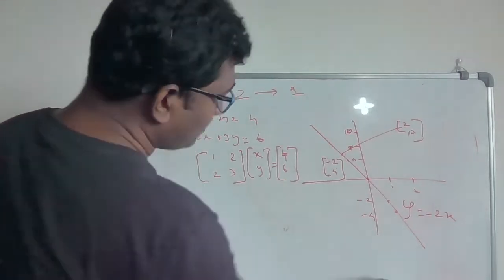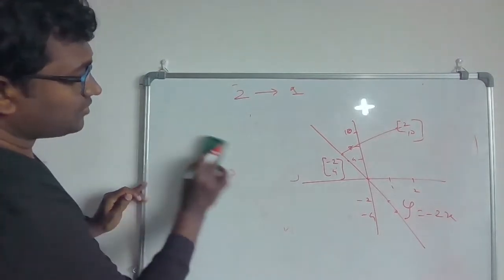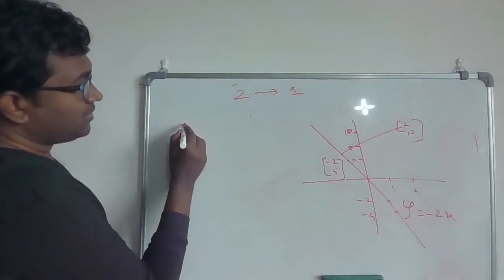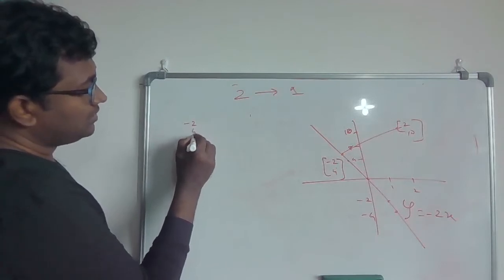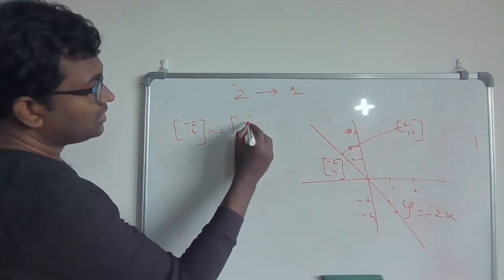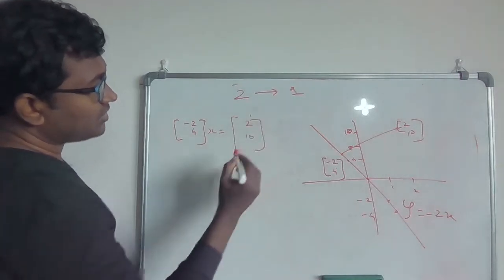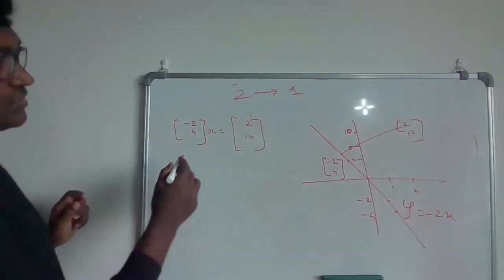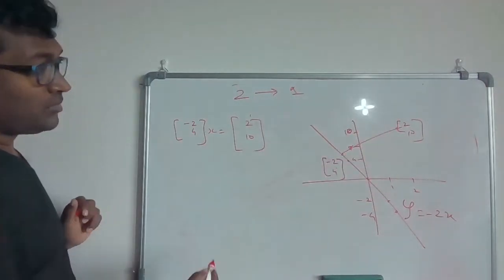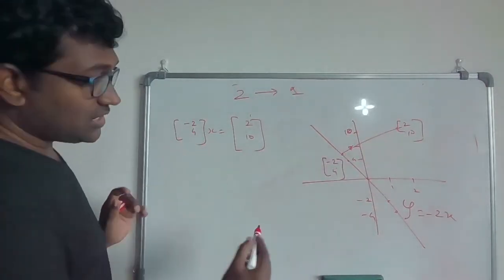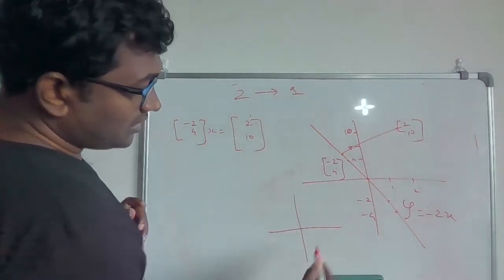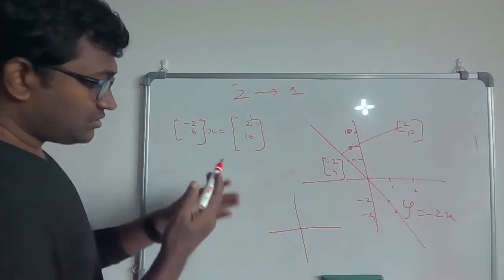So in this example, we have -2, 4, and we are trying to find what value of x will give me 2, 10. We are trying to find a solution for this. In the other example with two linear equations, if there is a solution, the lines have to meet at some point.